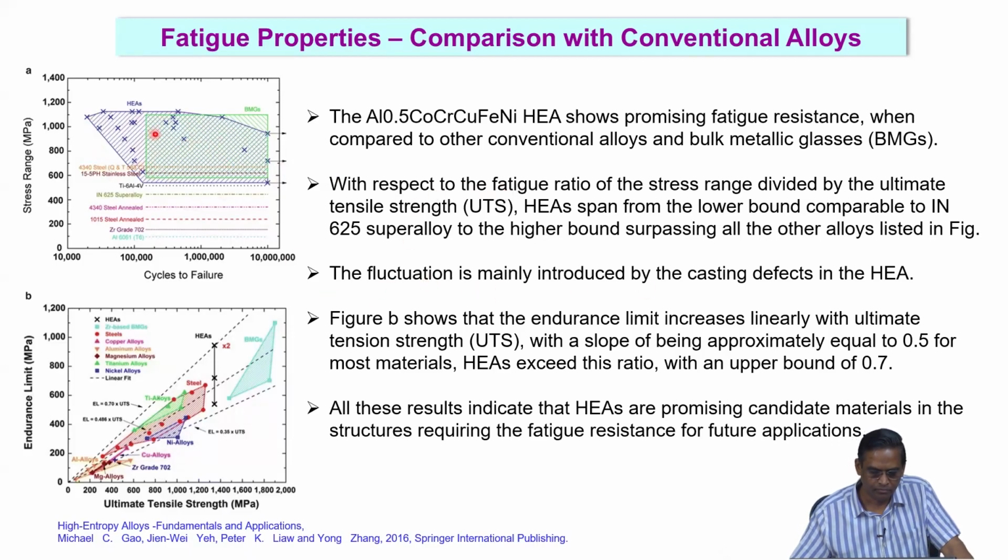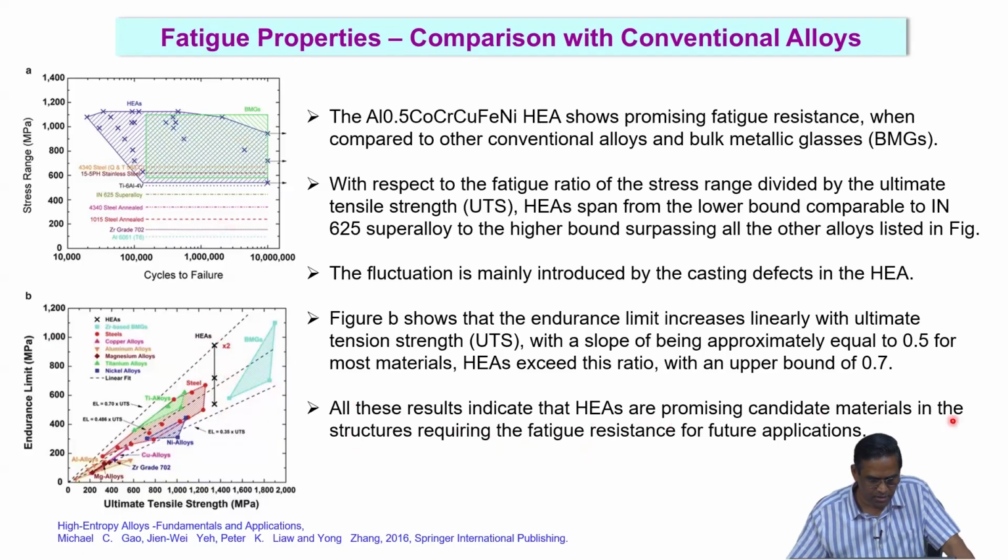Again, the scatter is basically because of the casting defects, and this figure shows the endurance limit increases linearly with the ultimate tensile strength. So this is a correlation between endurance limit and ultimate strength, and then they are compared with the conventional materials. And then you see that high-entropy alloys are placed at a very high UTS and endurance limit domain, okay.